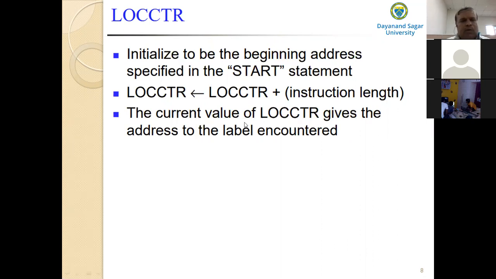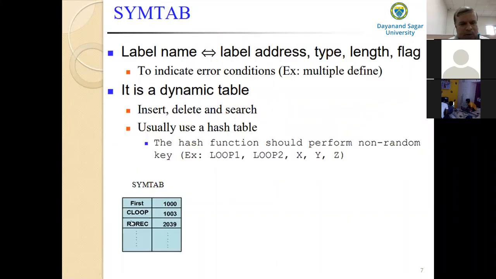So whenever the assembler encounters symbols, the location counter value gives the address value associated with that label. The current value of LOCCTR gives the address to the label encountered. Say for example, suppose it encounters the label CLOOP, then what is the address associated with this? 1003.